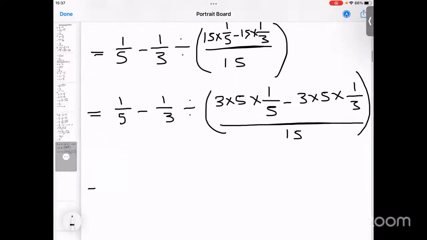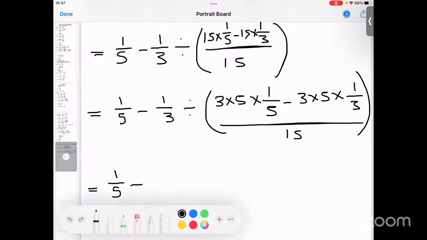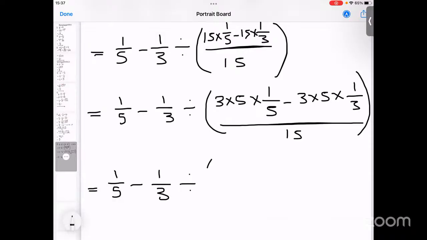So now you are having 1 over 5, minusing 1 over 3. And then here you're having that cancelling with that. You've got your 3 there, which will therefore minus, that cancelling with that times that, which is your 5. And that is being divided by your 15 there.